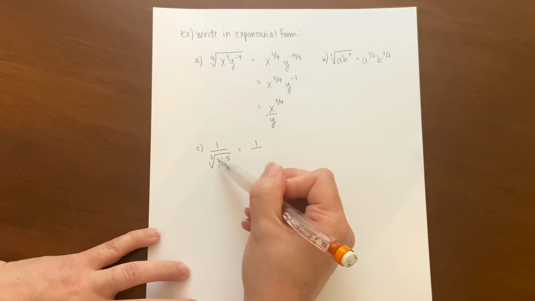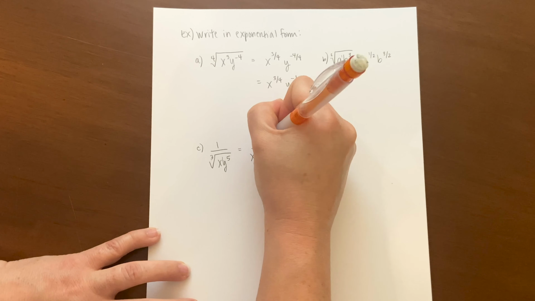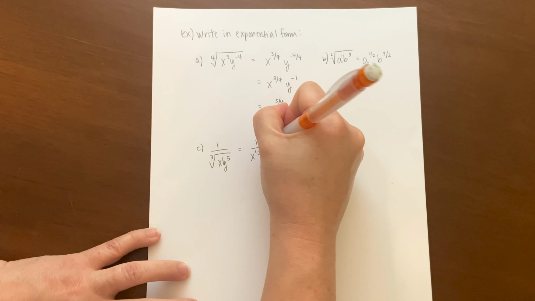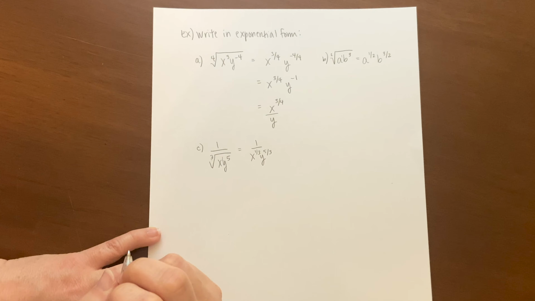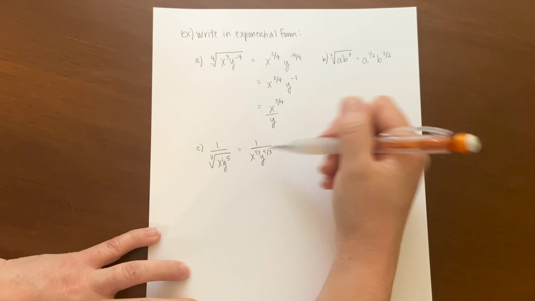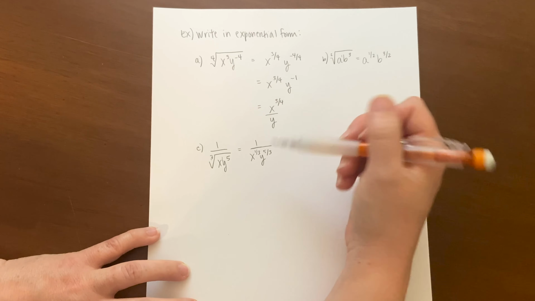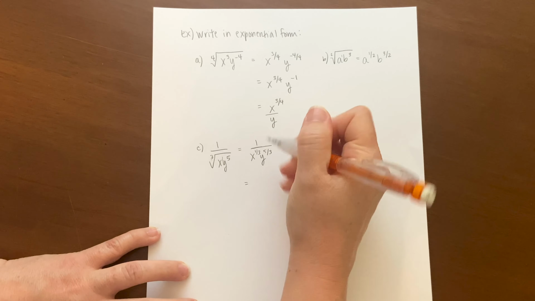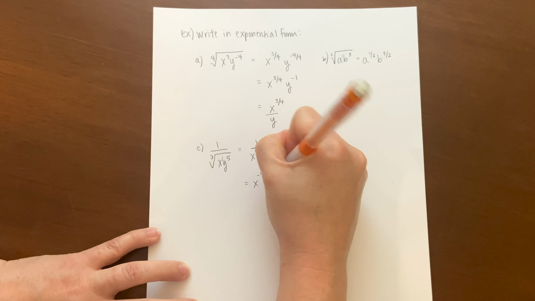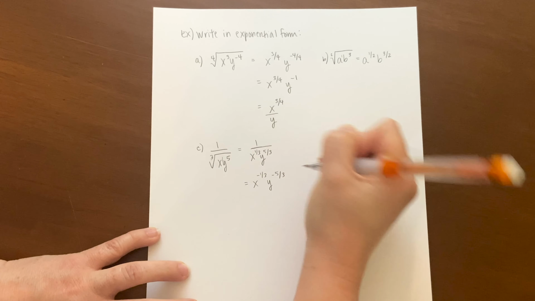So this is going to be x to the 1/3. And then for the y's, y to the 5/3. So you could leave that as your final answer. Or if you didn't want to have it as a fraction, you could give these both negative exponents. You could bring them up to the top. So you would have x to the -1/3, y to the -5/3.